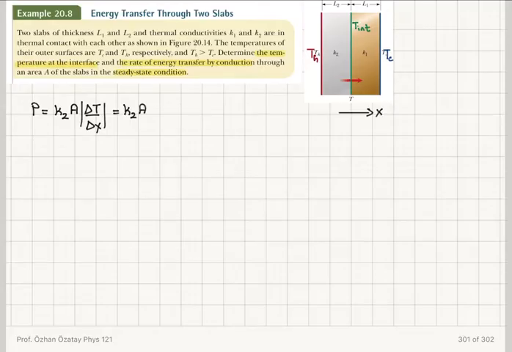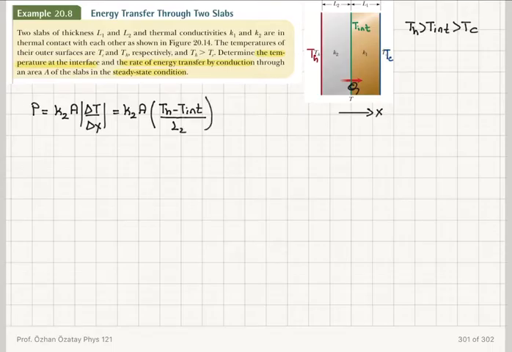So I have the following relationship between temperatures here. TH must be greater than T intermediate, must be greater than TC, so that I have heat flow from the hot side to the cold side. So this will be TH minus T intermediate divided by the distance L2.